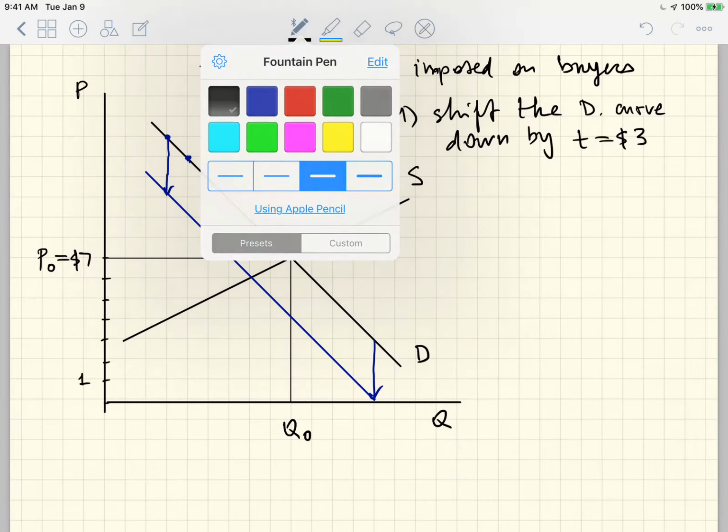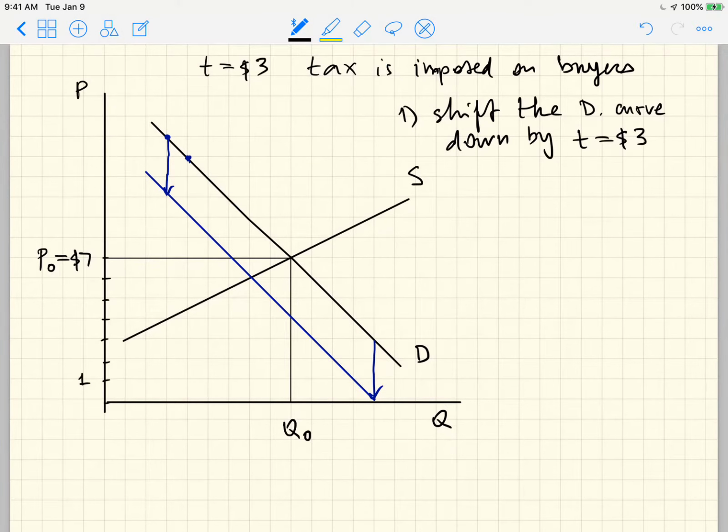So step number 2, find the new equilibrium, which happens to be right here. So PT, or equilibrium price after the tax is imposed, is $6, right?